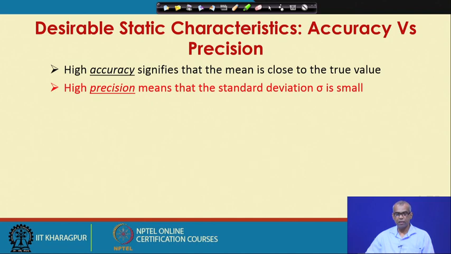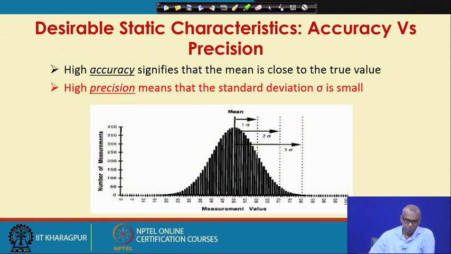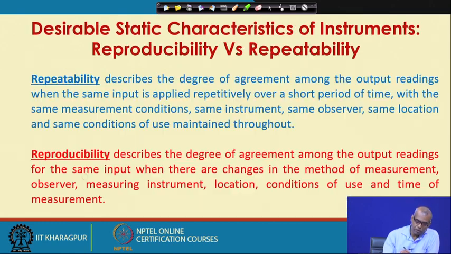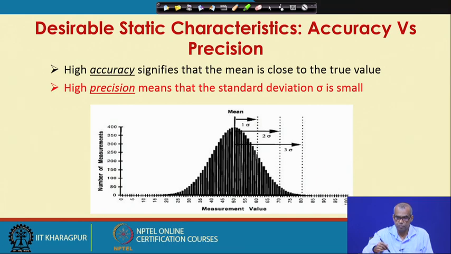So, high accuracy signifies that the mean is close to the true value. What I mean is, say again I am measuring a known pressure several times using a pressure gauge, and I make a plot of number of measurements versus the measured value.